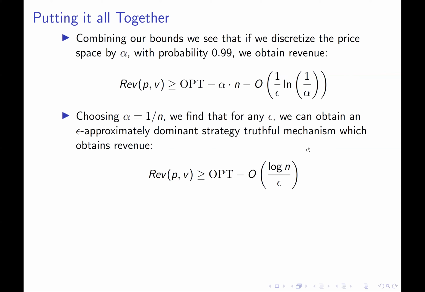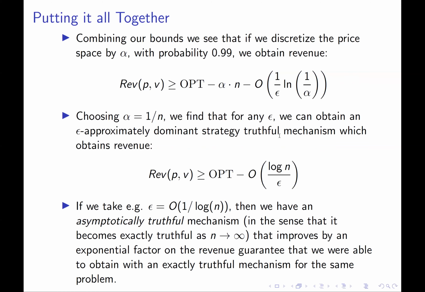And so, for example, if we are happy with people having the possibility of gaining, let's say, a 1% improvement by deviating, so epsilon would be 0.01, then this is saying, okay, well, instead of deviating from opt by a square root of n term, we can deviate from opt by only a log n term, right? An exponential improvement.